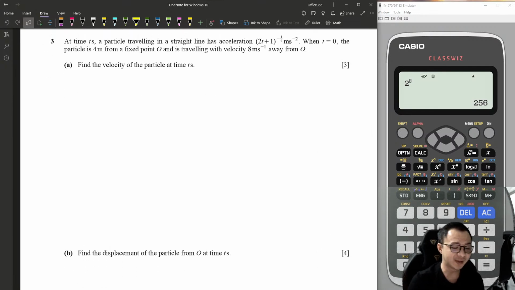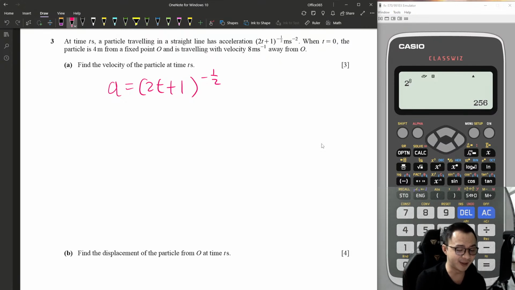Kinematics. At time t seconds, the particle is traveling in a straight line and has an acceleration a equals 2t plus 1 power of negative half. When t equals 0, the particle is 4 meters from the fixed point. So when t equals 0, s equals 4.